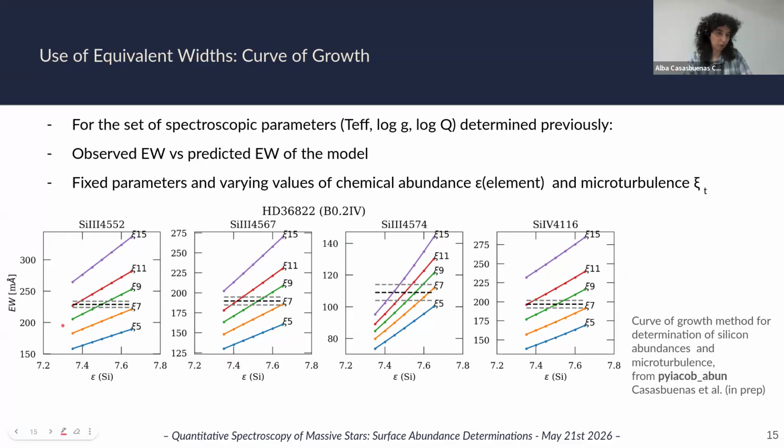If we focus, for example, on the first panel, we can see that we have the equivalent width on the y-axis and the abundance on the x-axis, and we have the measured equivalent width of this line in the observed spectra, and we can compare it with the different models with different values of abundance and microturbulence.